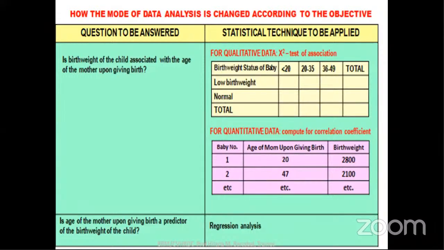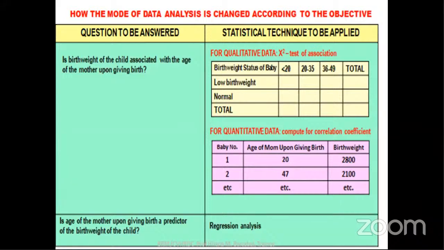But if you make use of quantitative data, then you are going to use the Pearson correlation coefficient, and you will test the hypothesis using the t-test. So you will not just find the correlation coefficient and analyze it, you will also test the hypothesis if and when you have gathered the samples in a scientific way. All right, so you make use of the test.